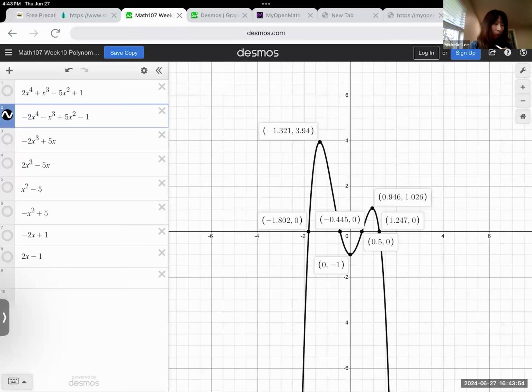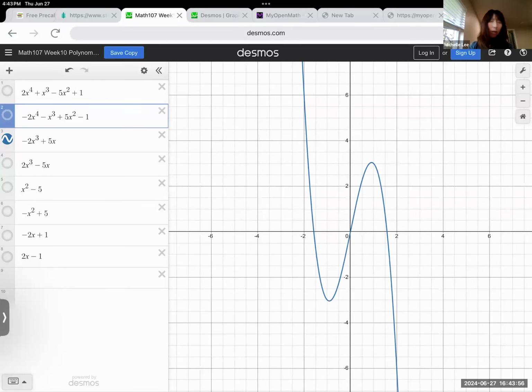Okay, now this one, n equal to odd. Then one is left arm down and right arm up, or left arm up and right arm down, right? So look, in that case, negative 2x to the 3rd power, we have a negative, right?